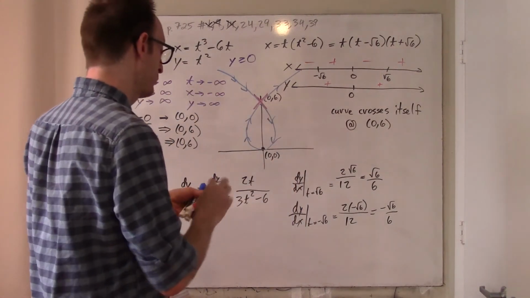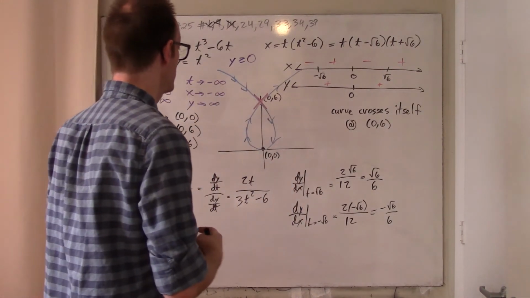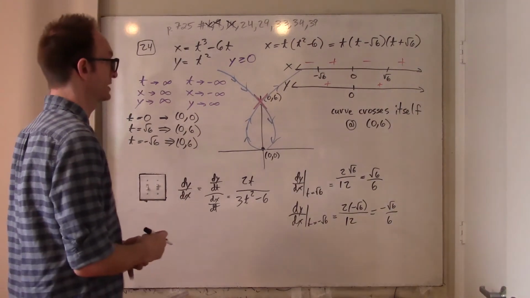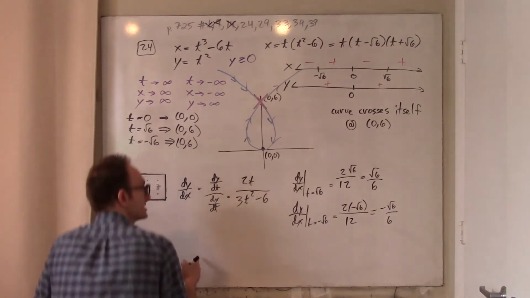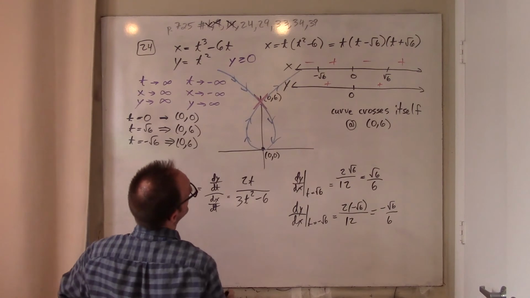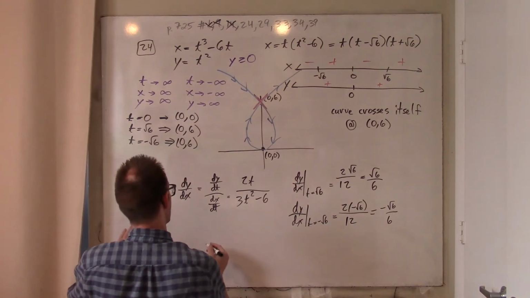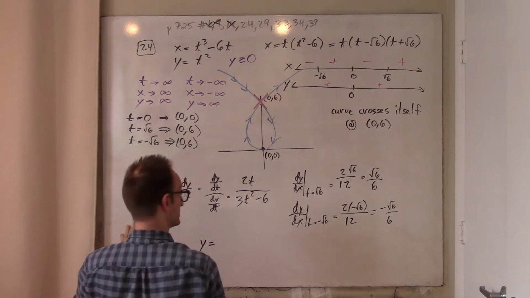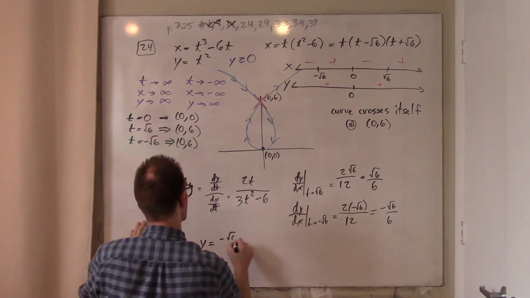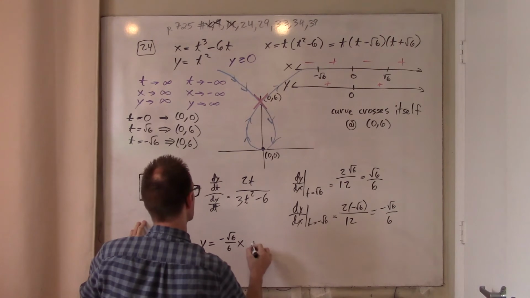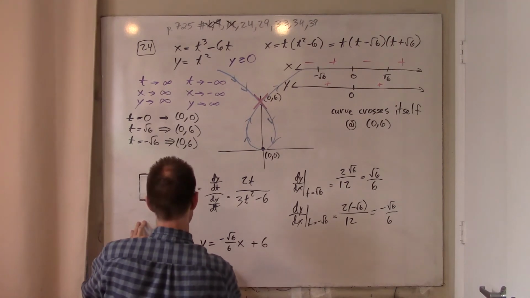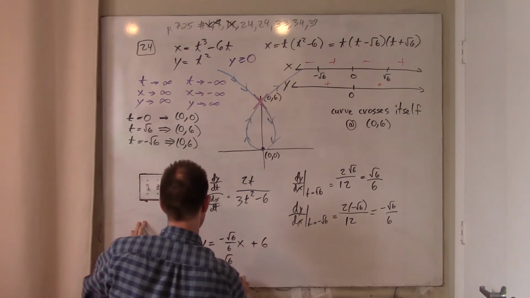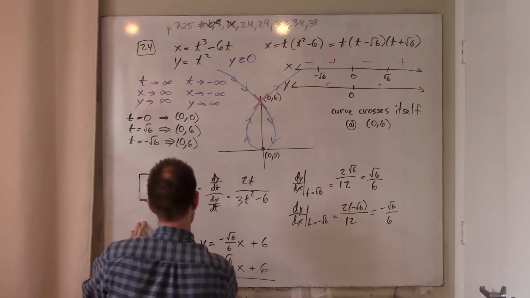And the problem asks specifically for the equations of the tangent lines to the curve. So they go through 0, 6. So I guess it's going to be y equals negative root 6 over 6 x plus 6, and y equals root 6 over 6 x plus 6.